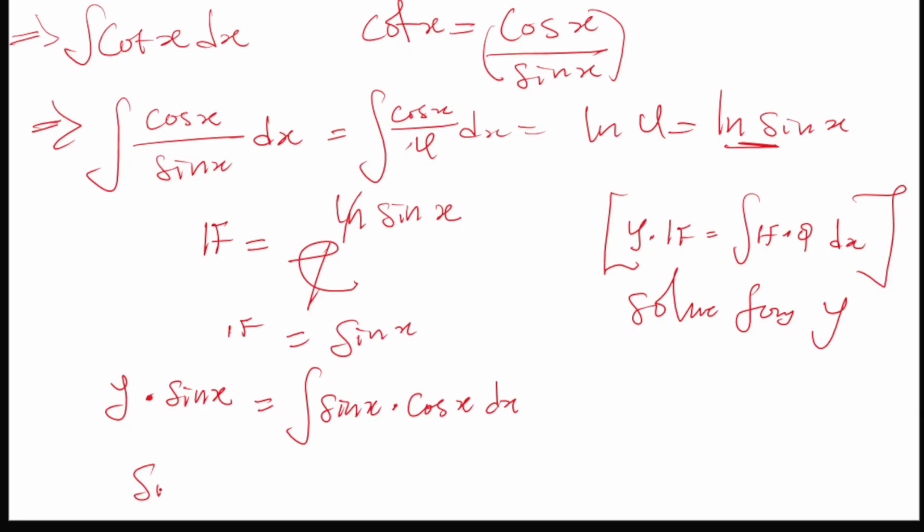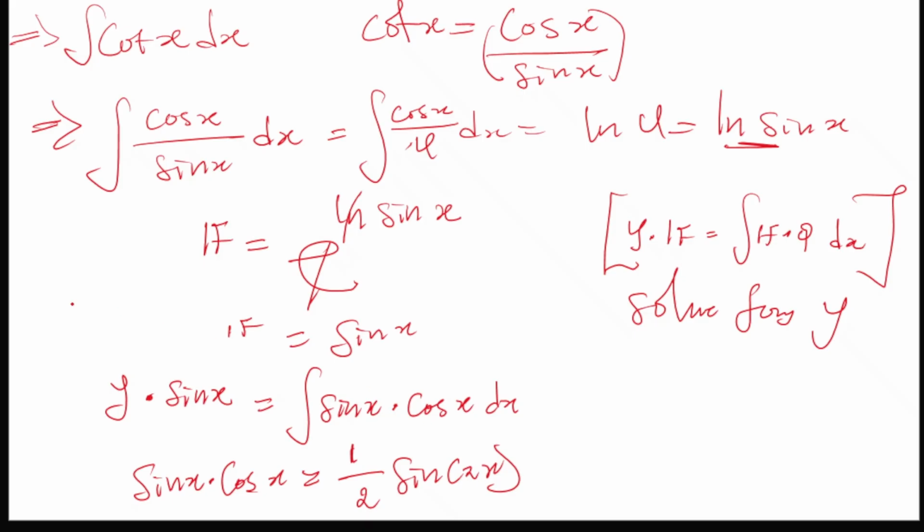So we have sine x cos x. Go back to your trig identity. Your sine x cos x is what? Sine x cos x from the trig identity is 1 over 2 sine 2x. Wherever we see sine x cos x, we are replacing sine x cos x with 1 over 2 sine 2x.